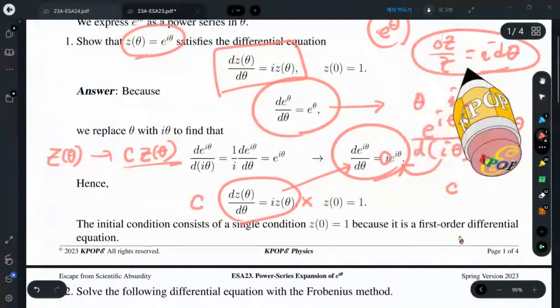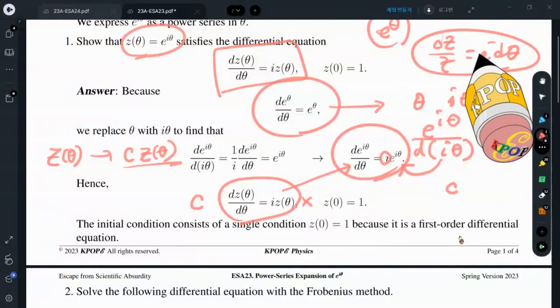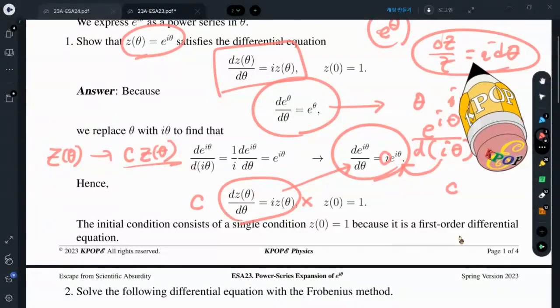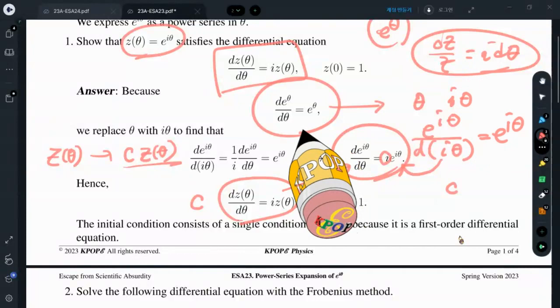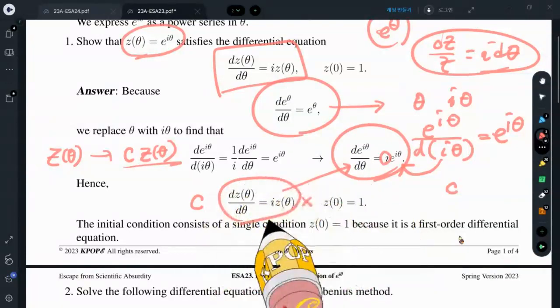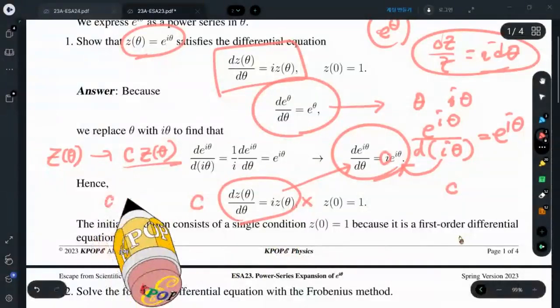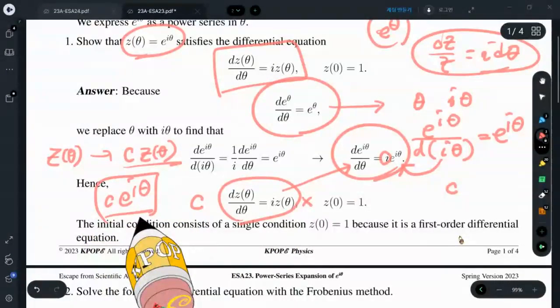And then you'll find log, and this part is i theta. Anyway, there should be only a single undetermined parameter, that is the integration constant. So evidently, the general solution of this differential equation is something multiplied by e to the i theta, nothing else.